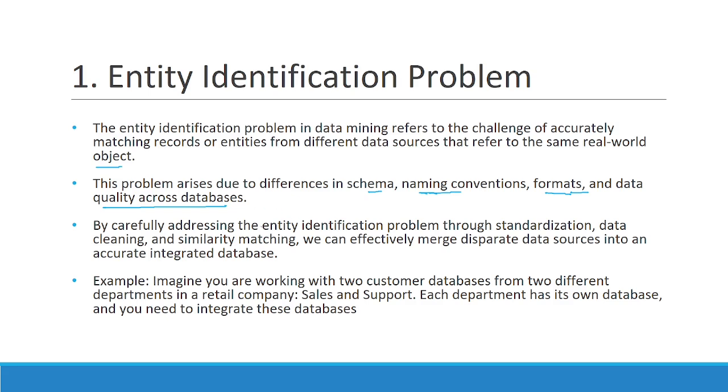Okay, and then we can address that problem. If we address that problem properly through standardization of data or data cleaning and similarity matching, we can effectively merge disparate data sources into an accurate integrated database.